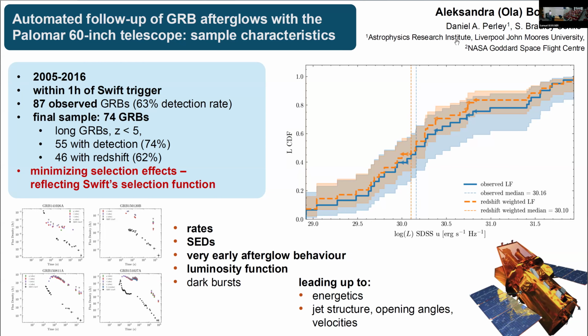We calculate the luminosity function at 1,000 seconds post-burst. We corrected for redshift selection effects, you can see that here, because whilst the follow-up sample is unbiased, the redshift availability isn't. We calculate things like the dark bursts ratio. We can probe the environment of the bursts. So we get 33% at least of our sample to be dark bursts, up to 45%.